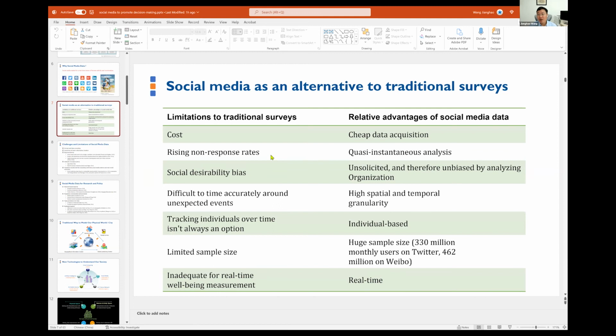For example, during the pandemic, we conducted an RCT in Zhengzhou, China, to study how people go to parks and restaurants after the pandemic. This paper was just published in PNAS.